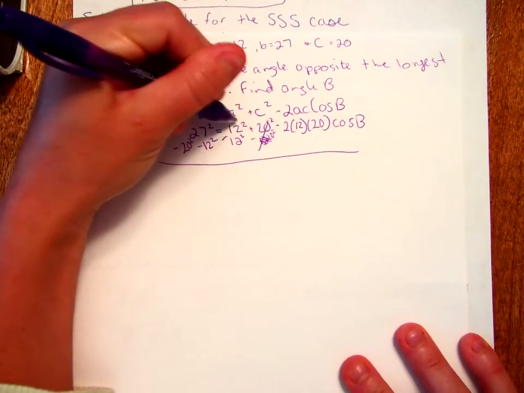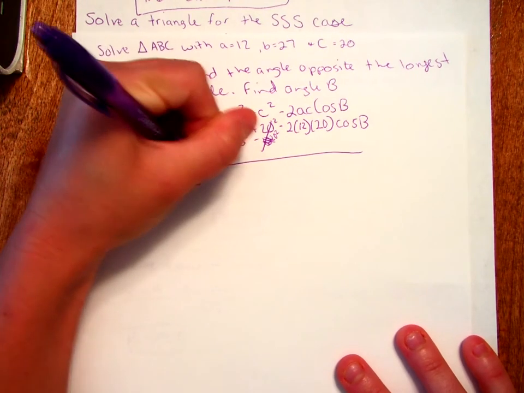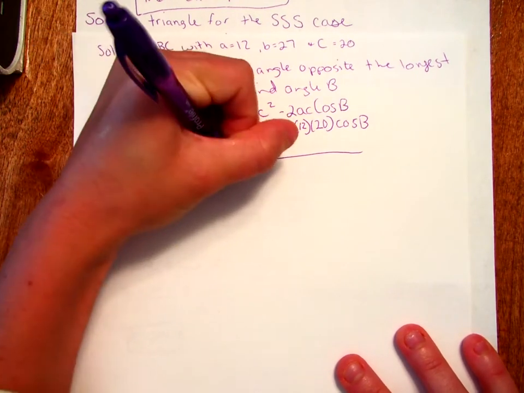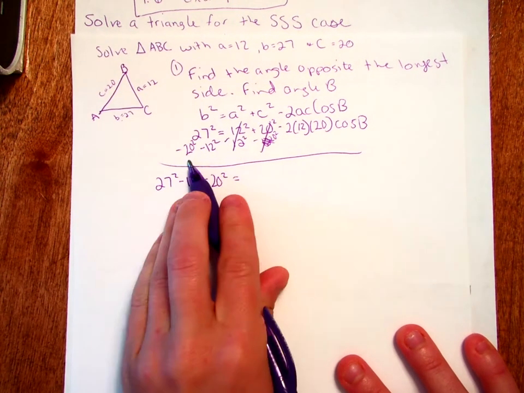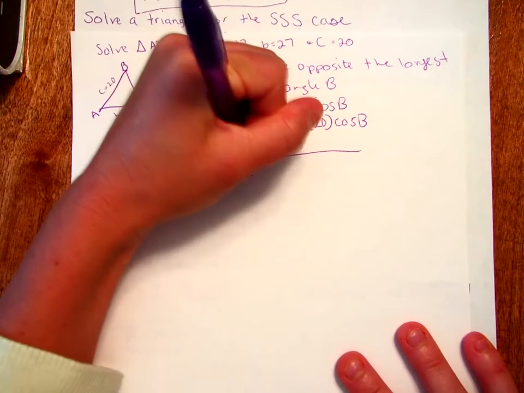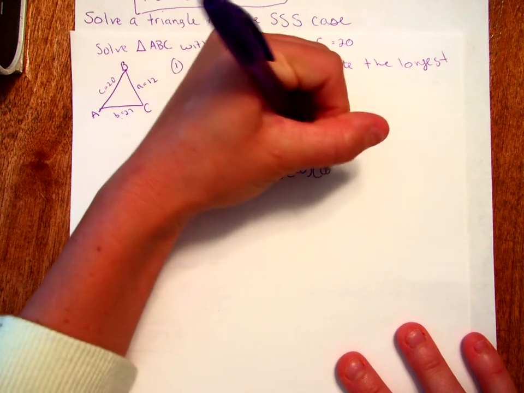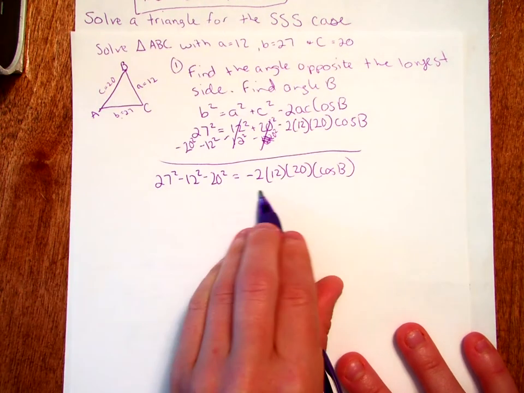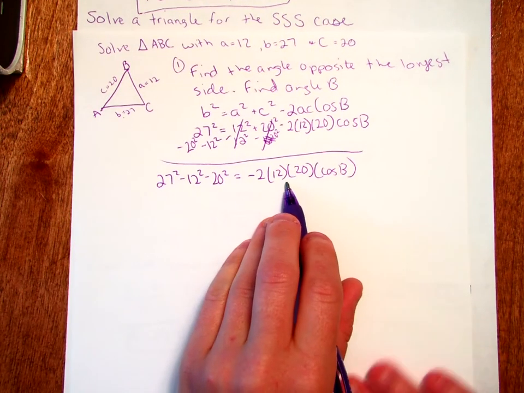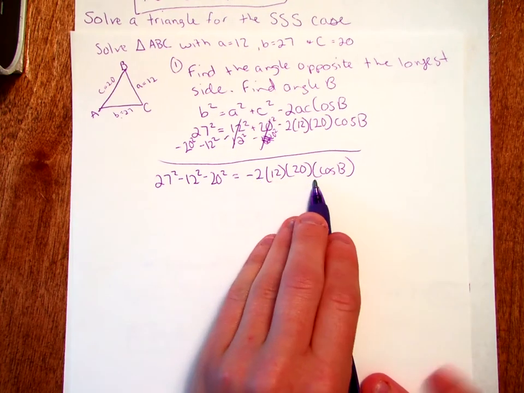I know it looks a little goofy. So you're left with 27 squared minus 12 squared minus 20 squared. So all you do is just move those over, and whatever you do to one side, you do to the other. Then you're left with negative 2 times 12 times 20 times cosine of B. Now these pieces, to get these on the other side, you can't just add or subtract them over because now they're connected by multiplication.